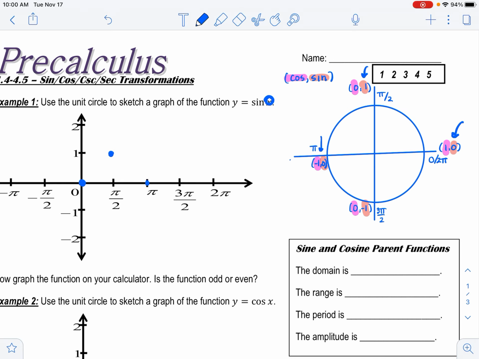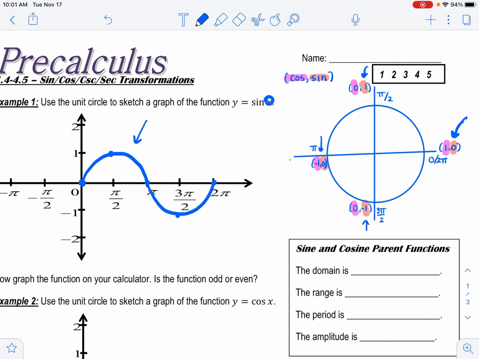The sine of pi, the y value right there, which is 0. 3 pi over 2, the y value right here, which is negative 1. And then the sine of 2 pi, which is going back to this right here, and that's 0. So once I connect these points, this is one cycle of the sine function.